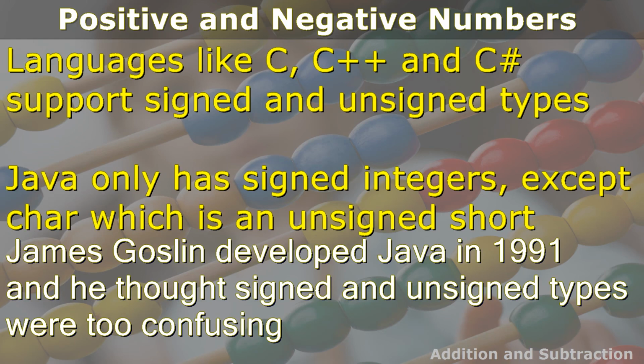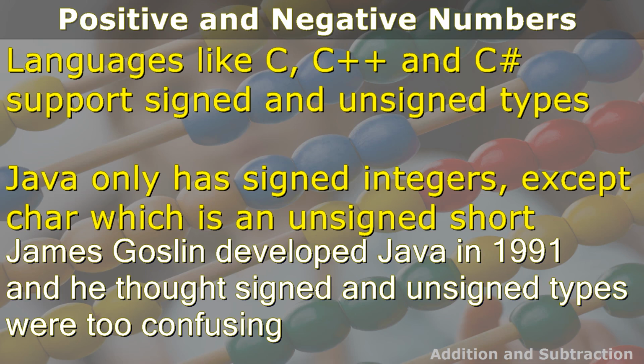Well, languages like C and C++ and C#, they support signed and unsigned data types. But Java only has signed integers, except for the character data type, which is an unsigned short. Now, James Gosling developed Java in 1991, and he thought that signed and unsigned types were too confusing.